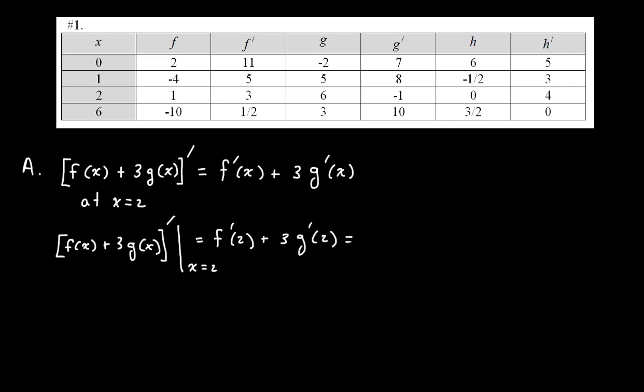And then I use a chart above to figure out what these values are. F prime of 2, for example, is going to be 3. And then we'll add to that 3 times g prime of 2. And g prime of 2 is negative 1. And so that comes out to be 0.